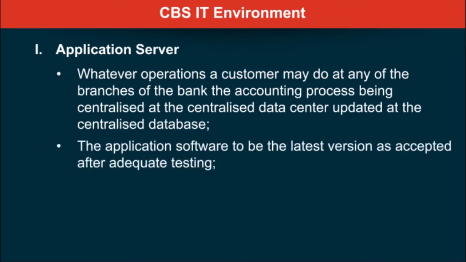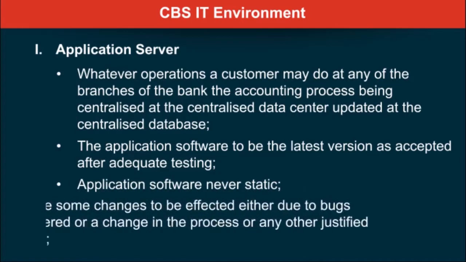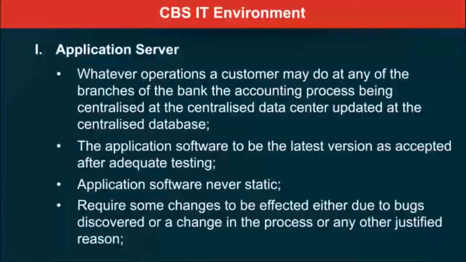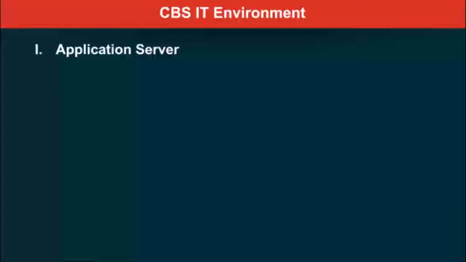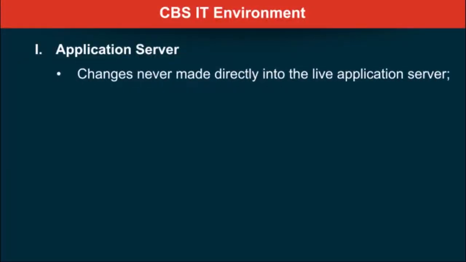So application software has to be the latest version. It should be kept being updated, and it is never static. It requires some changes, and it may be due to bugs, or it could be a change in process, or whatever reason. Changes are never done directly to the application server, because that is a link between the customer and the database or data center.